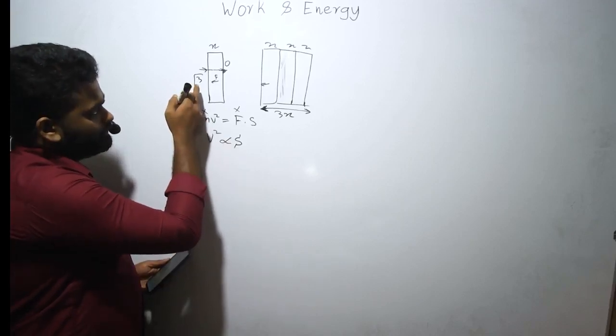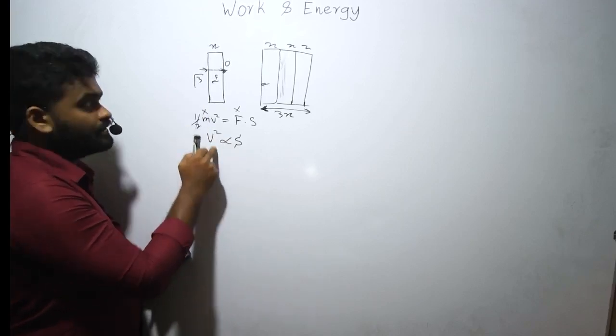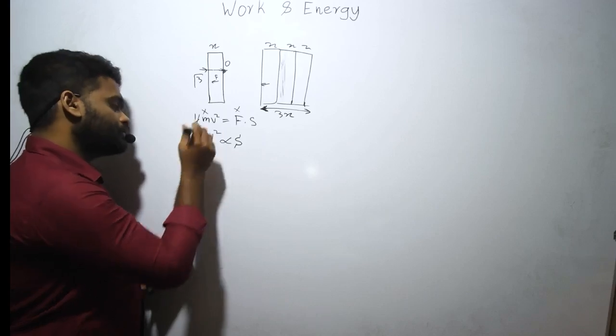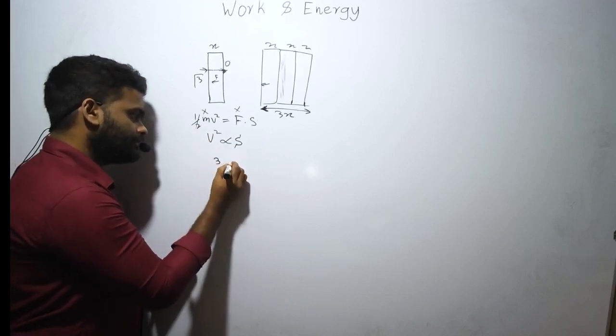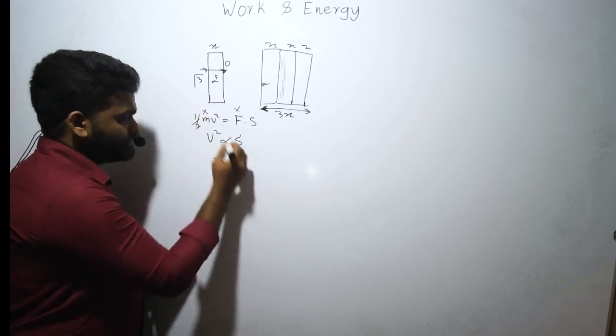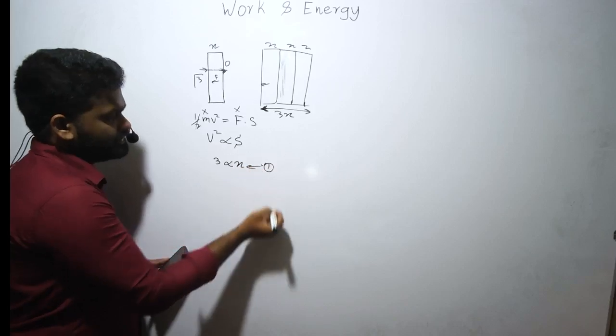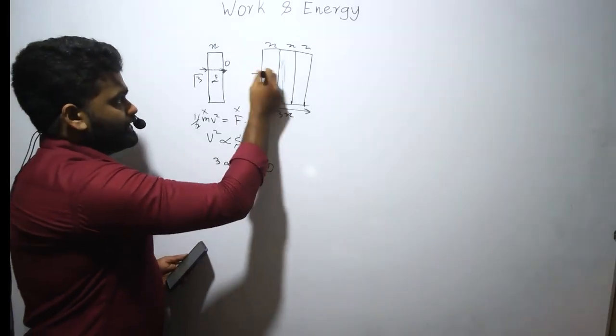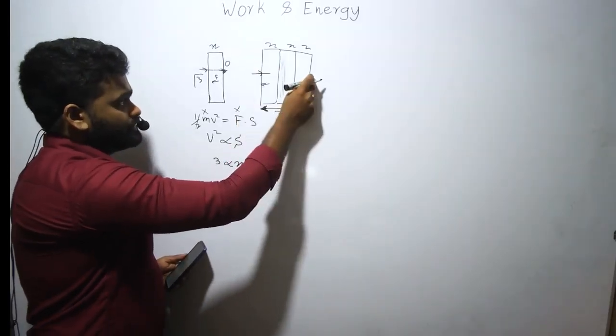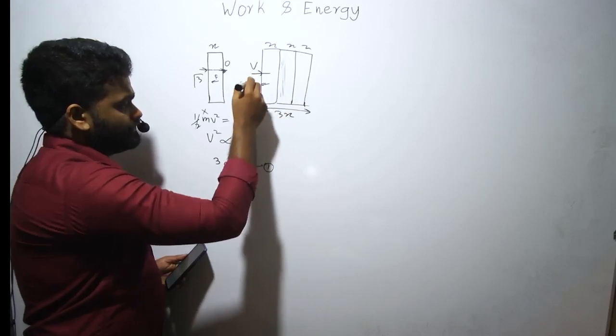Okay. So for the first case, I'll apply the proportion. So it is √3, √3 squared is going to be 3, and let's say this x, proportion. So for the second case, we need to find the velocity.